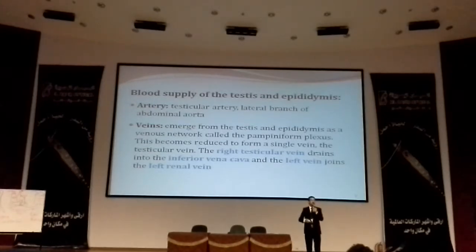To the inferior vena cava. But what about the left testicular vein? The left renal vein. Yes, the left renal vein. So this is one of the risk factors that participate in varicocele.